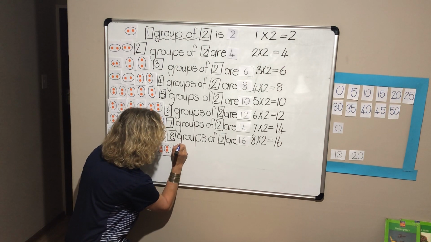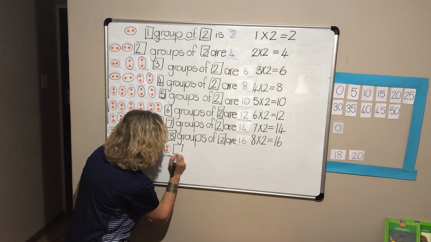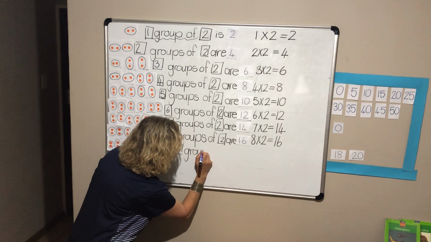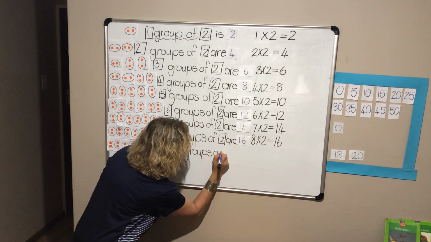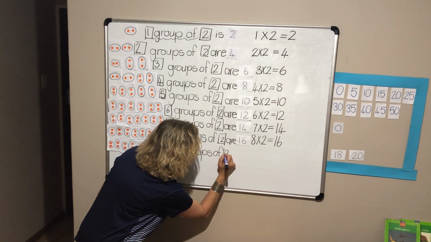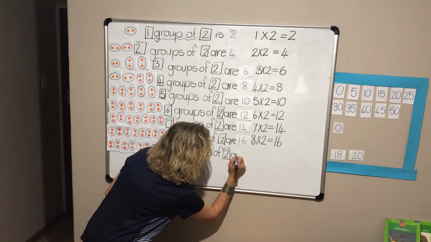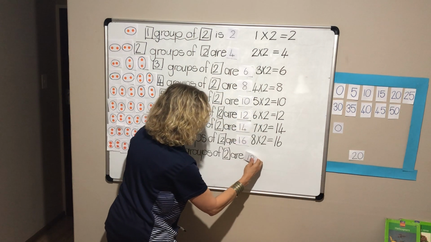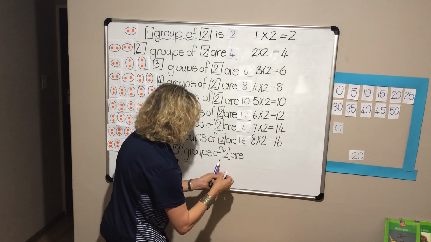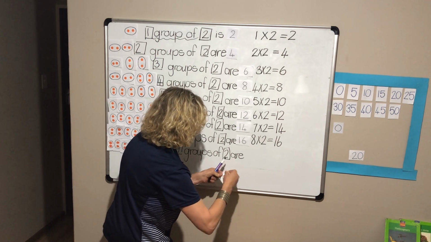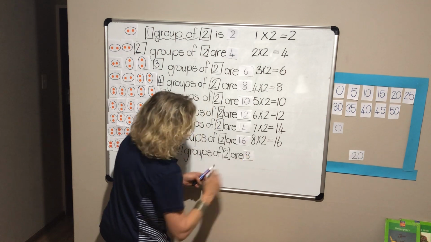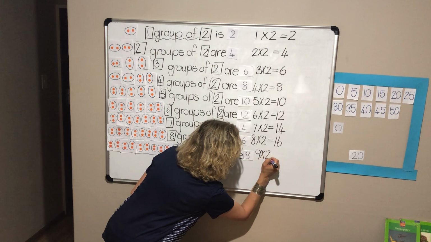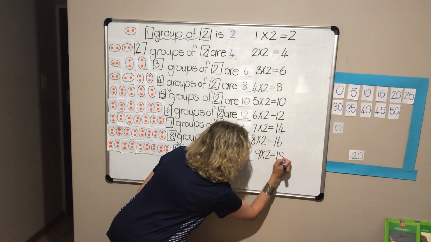Let's make that one stay a bit shorter. 9 groups of 2 are, and we take it there. Yep, you knew that, you knew that. And the answer is 18. Well done. 9 times 2 equals 18.